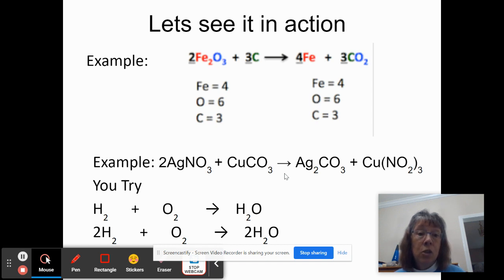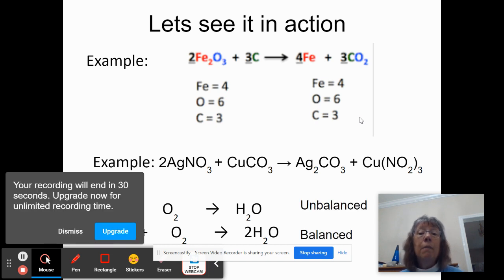Is that balanced? 2 H2s is now 4 hydrogens plus O2s produces 2 H2Os, 2 molecules of water. And the first one is unbalanced, and the second one is balanced.